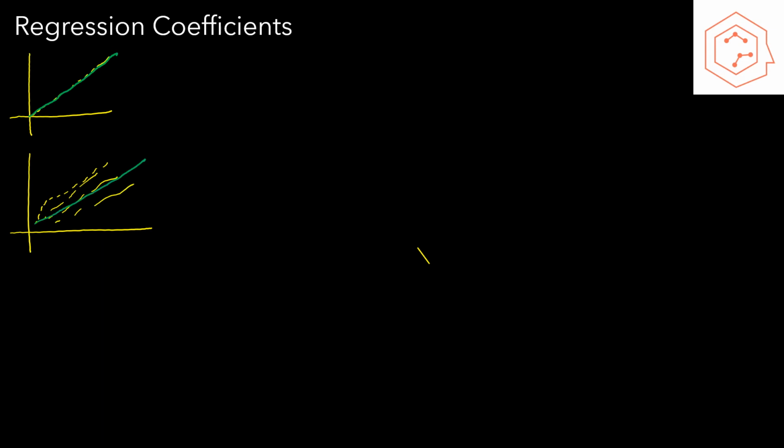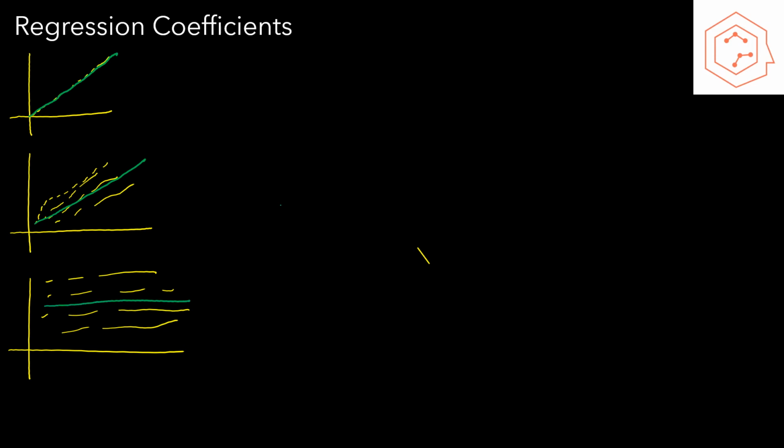And then I could have the case where all my points are just randomly placed and there is no clear line to place. And so we want to be able to express how strong or how clear is our relationship.